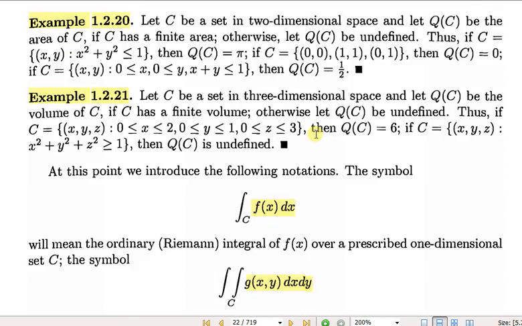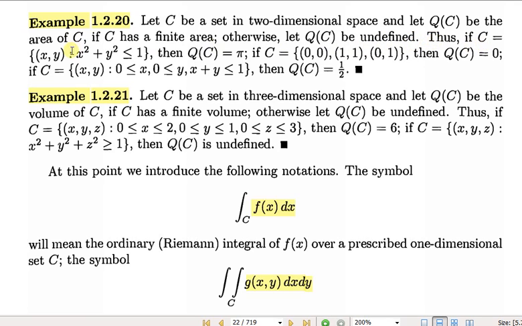Okay, now example 1.1.20. Let C be a set in two-dimensional space and let Q(C) be the area of C if C has a finite area, otherwise let Q(C) be infinite.